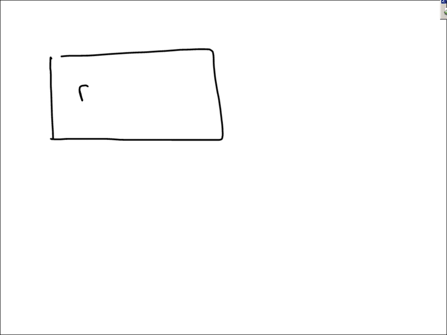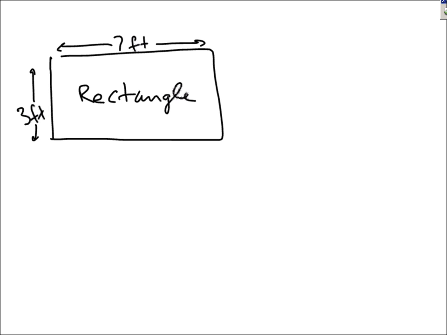Here's an easier one. What if you just have a good old rectangle? You want to know the perimeter. I'm telling you up, down is 3 feet, left, right, 7 feet. Well, what you see in black is what has been given.